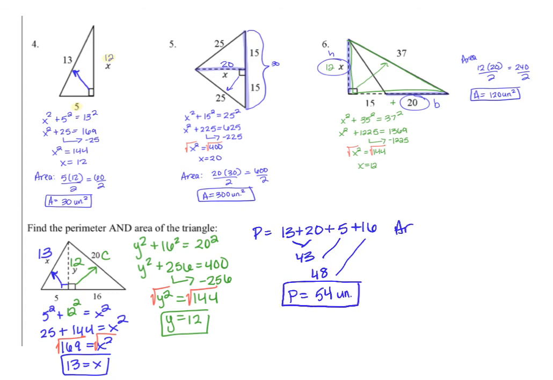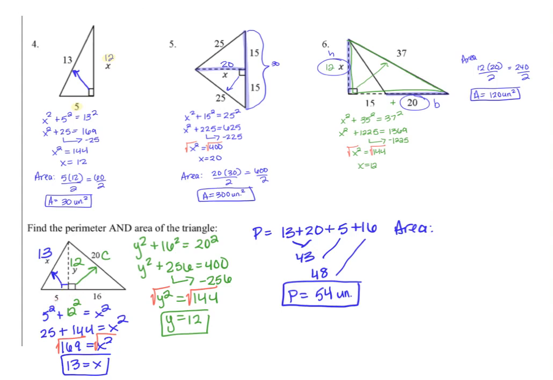And then remember, your area is 1/2 the base times the height. In this case, the base is going to be the entire length of this bottom right here, and the height is represented by the dotted line. So the base is going to be the 5 plus the 16. 5 plus 16 is 21.